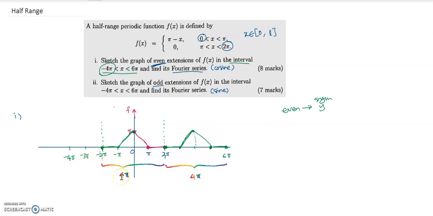So we start from the right. From the right it's supposed to go to the left, and somewhere here is pi. From this point it should go up somewhere here.